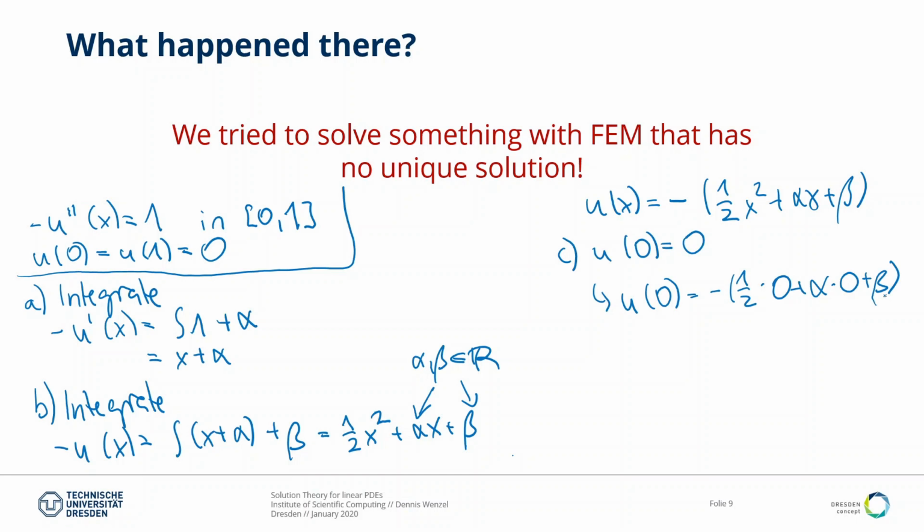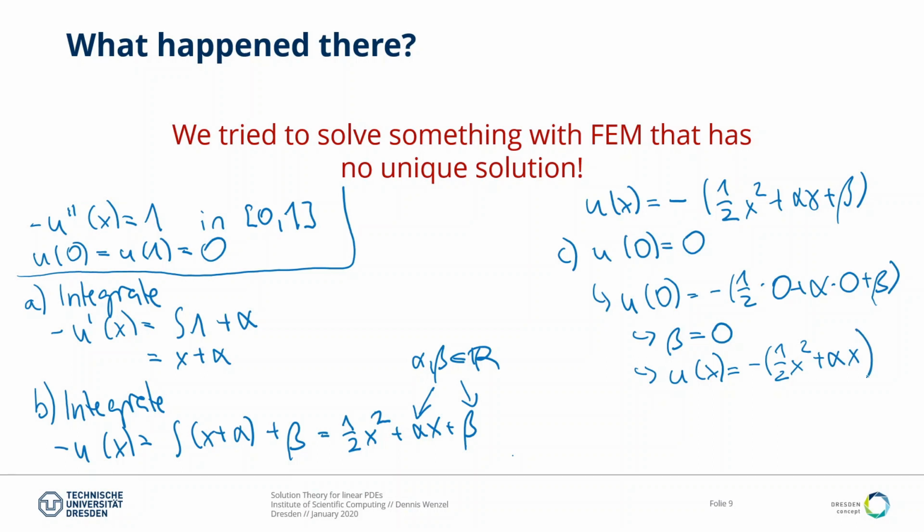So if that thing is supposed to be 0, we can directly conclude that beta has to be 0, because the rest is just 0.